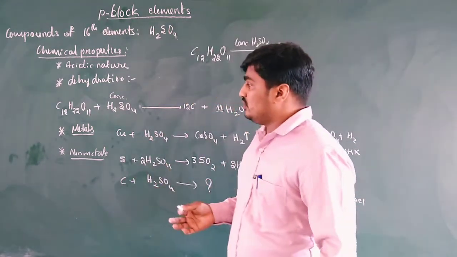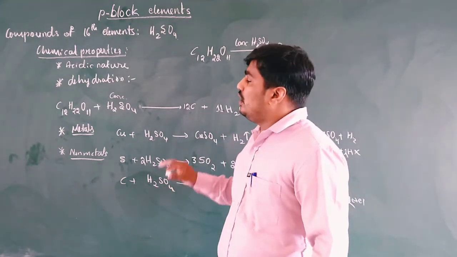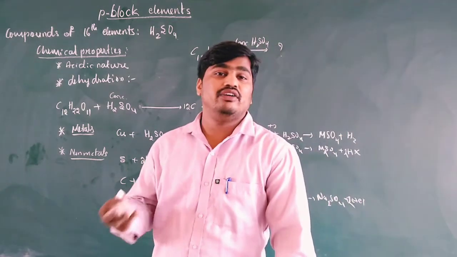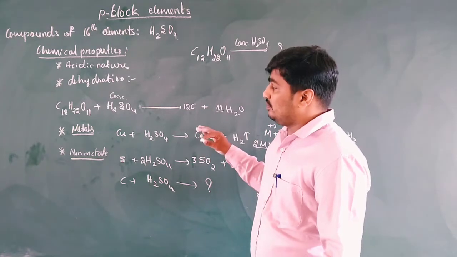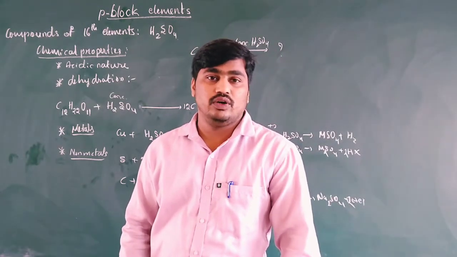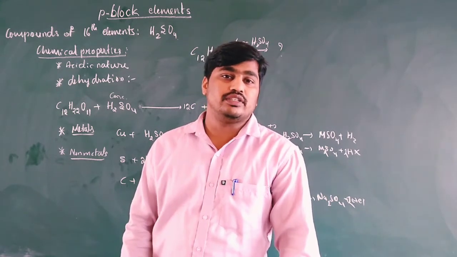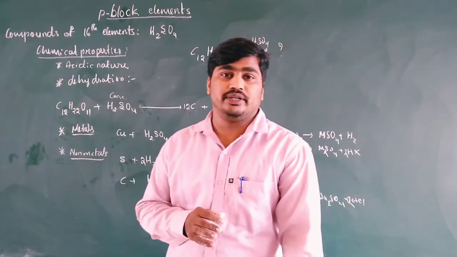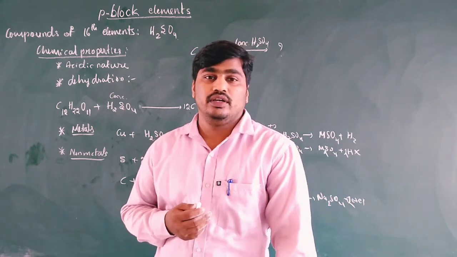That indicates the complete chemical industry depends upon sulfuric acid. It has that kind of property. Because of that also, sulfuric acid is called the king of acids. Okay, so the whole economy of any country is measured using the quantity of sulfuric acid consumed per year.